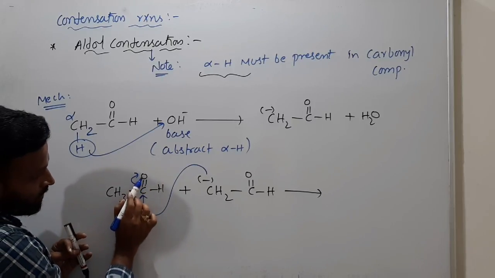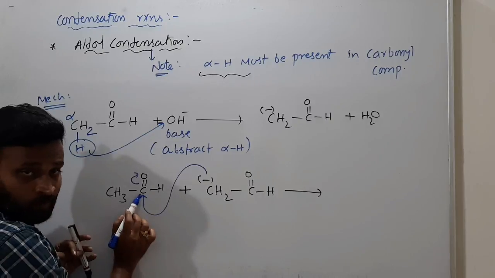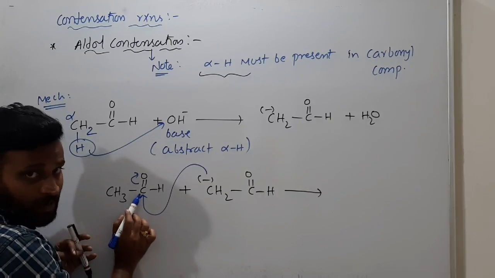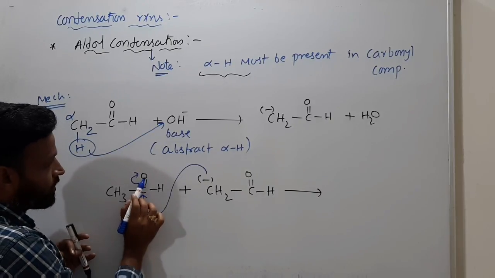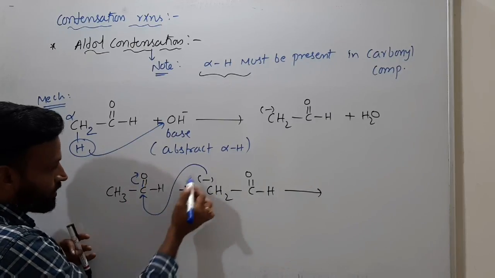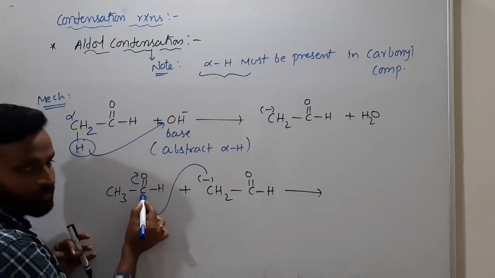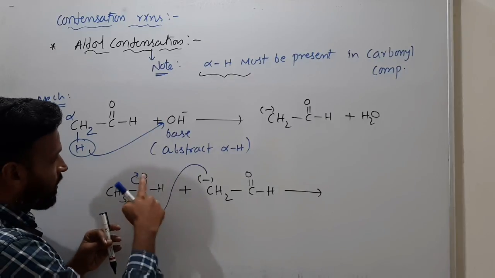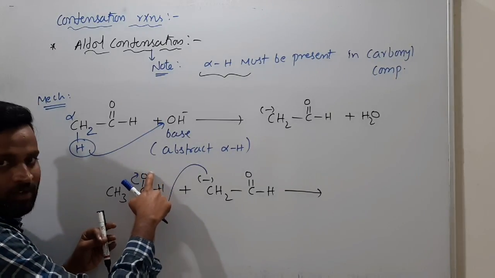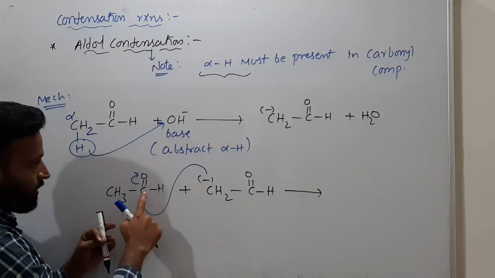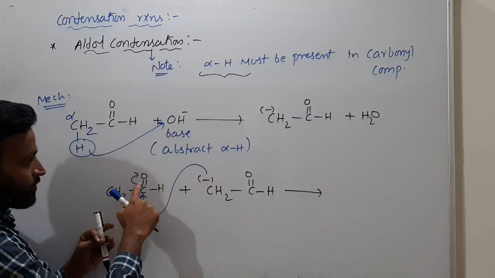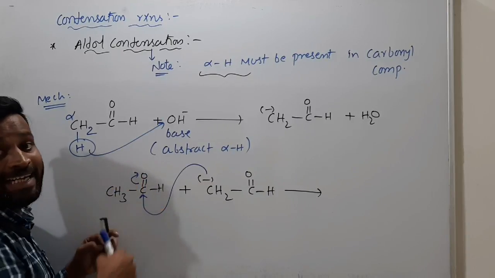If the pi bond migrates towards oxygen, the carbon gets a positive charge and O gets a minus charge. So CH2 minus will add on this carbon, and the oxygen gets the negative charge.